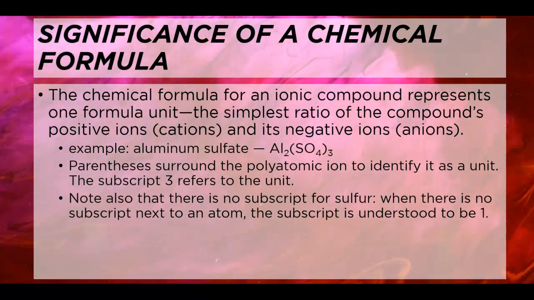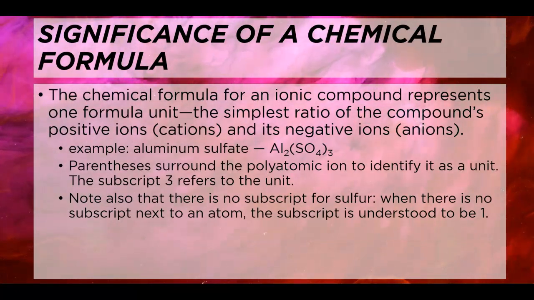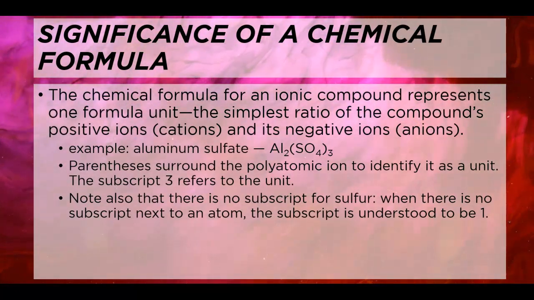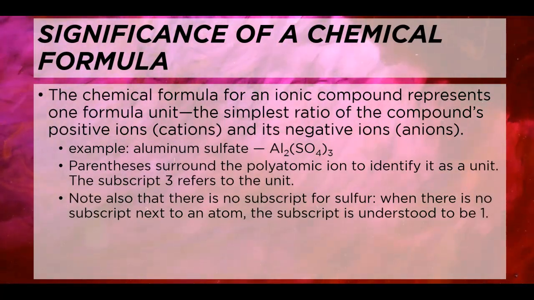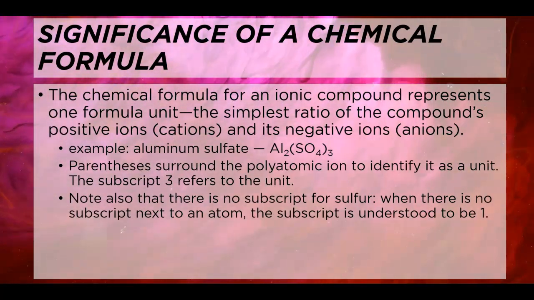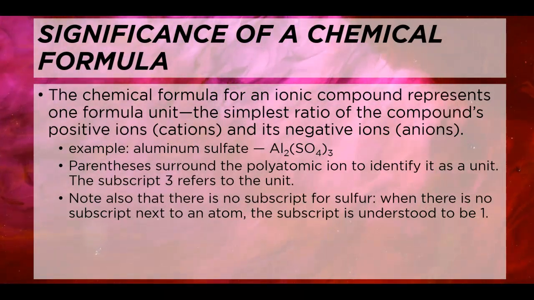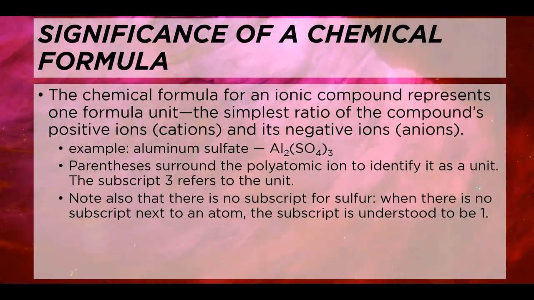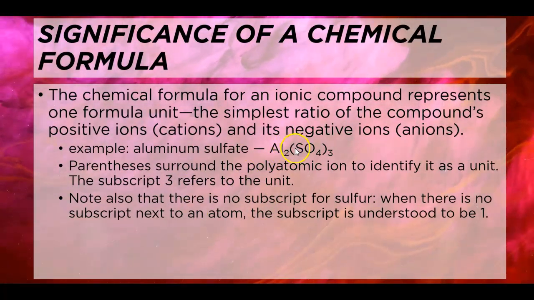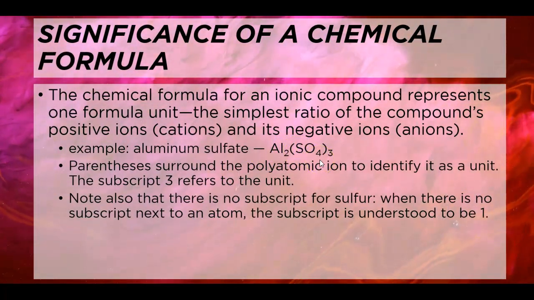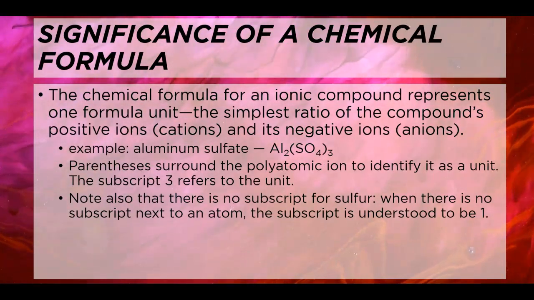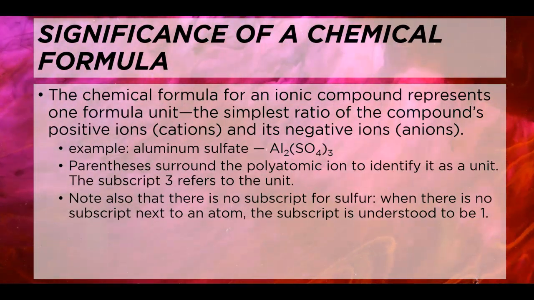What this tells me is that I have 2 aluminum atoms in that compound, and the parentheses sort of work like the distributive property in math, where the 3 is going to apply to every atom in those parentheses. So I have 3 sulfur atoms, and I have 3 sets of 4 oxygen atoms, giving me a total of 12.